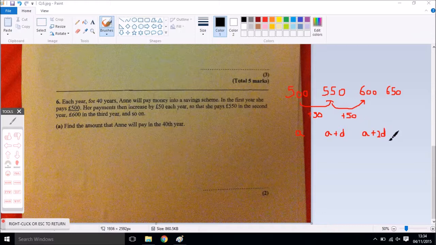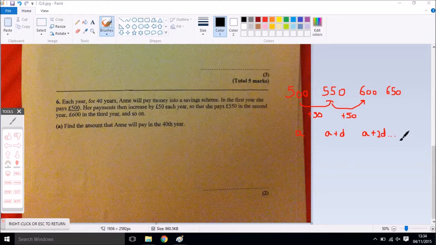Okay, so in general terms, you notice how it's always the first term, add 1 less than the term number, multiplied by D. You have A is the first term, the second term is A plus D, the third term is A plus 2D, so it's always 1 less than the term number.